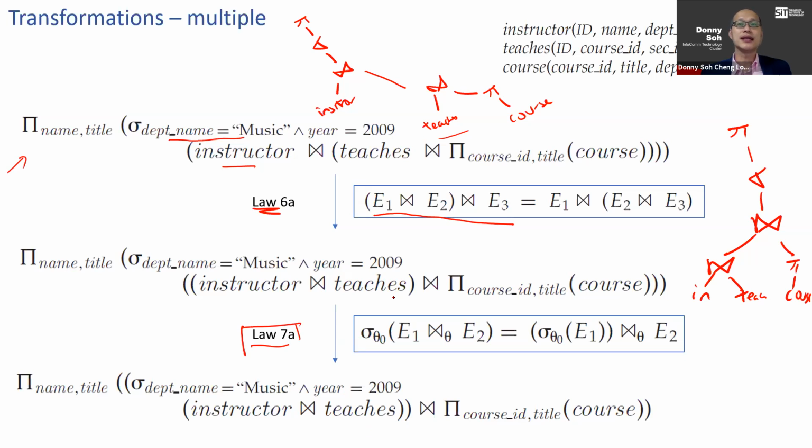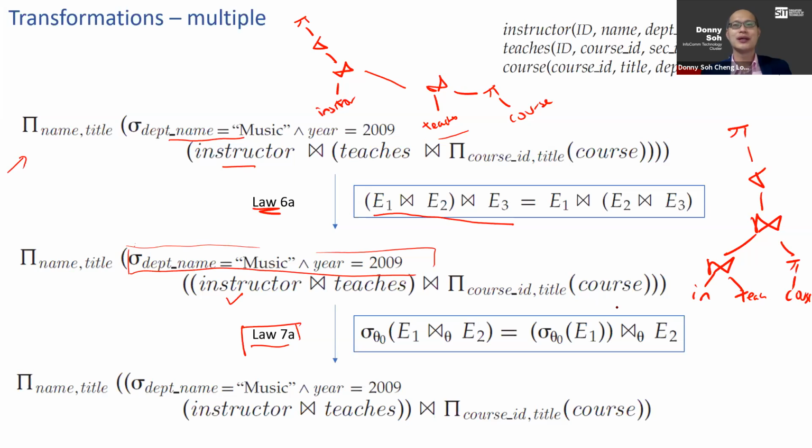Okay, law 7a states that if one of my conditions affects just one of my tables, I'm able to push that in. So in this case, this entire condition affects only this part of my join. So it doesn't affect this part of my join.